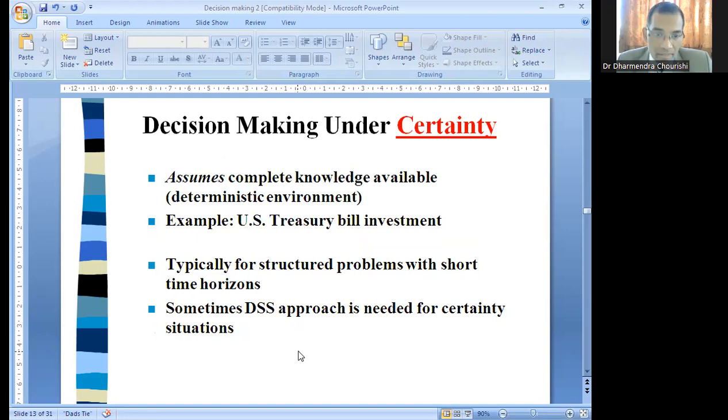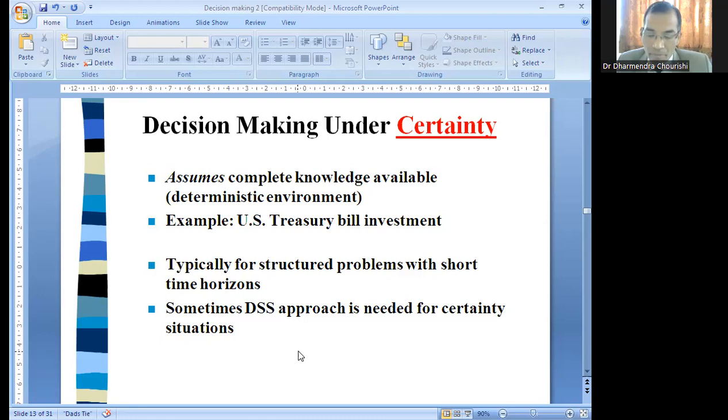Decision making under certainty. Assume complete knowledge of variables. It's all assumption. How it could be, we can plan, we can assume, we can predict something. So what may happen, what could happen.